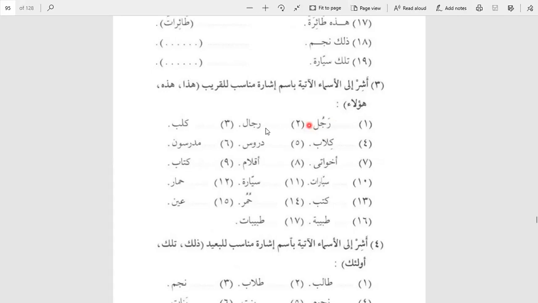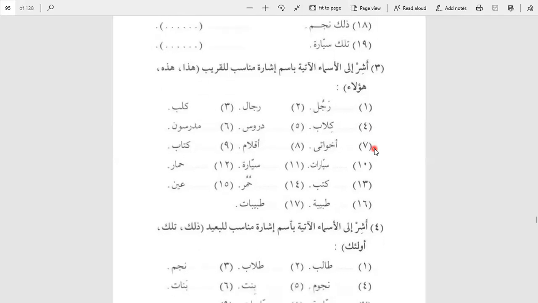We say hadihi rijalu, hada rajulu, or hada rijal. So I am not going to give you any hint on this one, but I'm going to emphasize that kuli jamu mu'annath, and when you are referring to humans, if they are plural, we use haulai. If they are singular, we use hada and hadihi, respectively, for male and female.